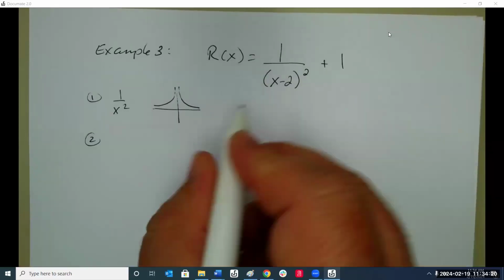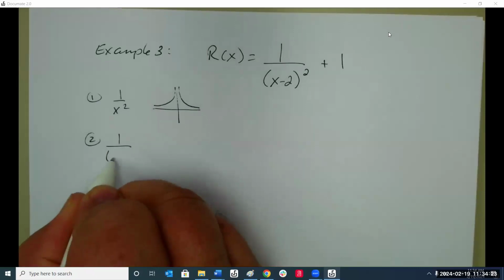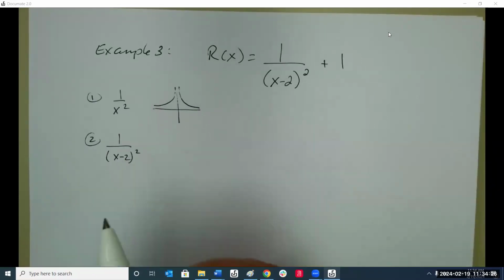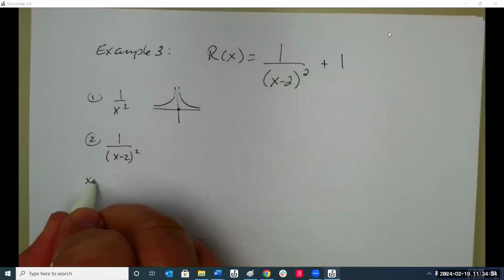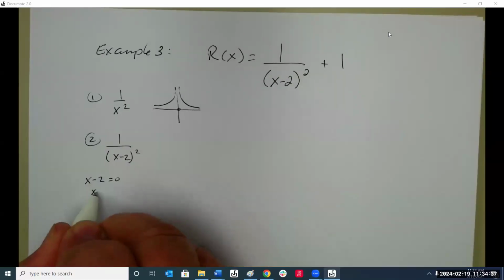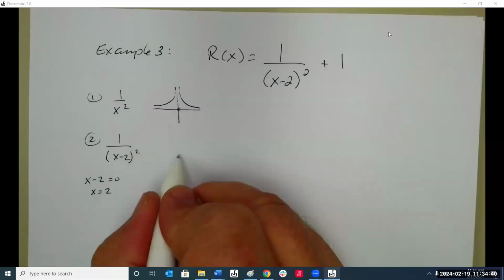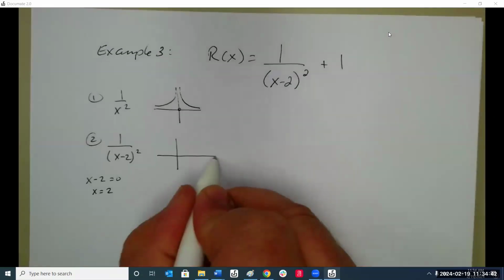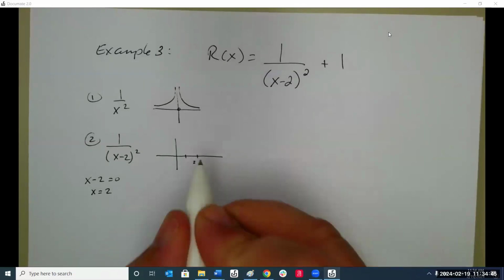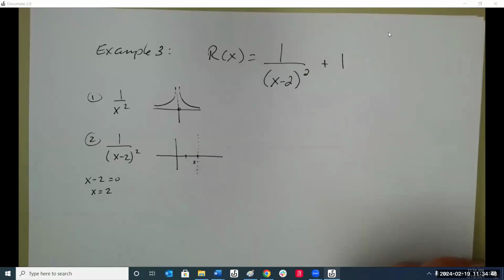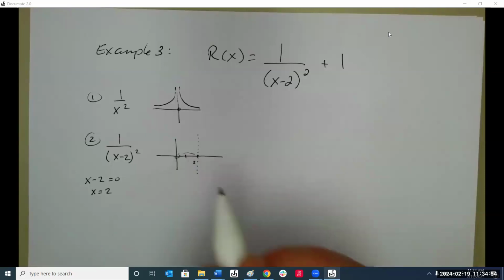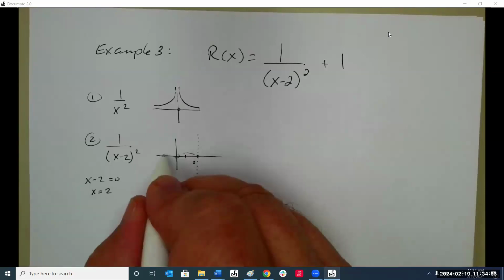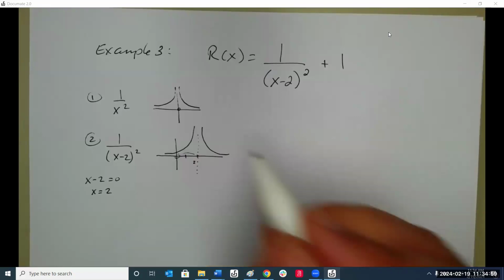The next thing that happens to it is what happens inside the function. Remember, when x is 0, the origin is there. So let's take that denominator and set it equal to 0. That means it shifted to the right 2 spaces. This is my new y-axis. I shifted it from here to there. So the graph still looks the same, but just shifted to the right.